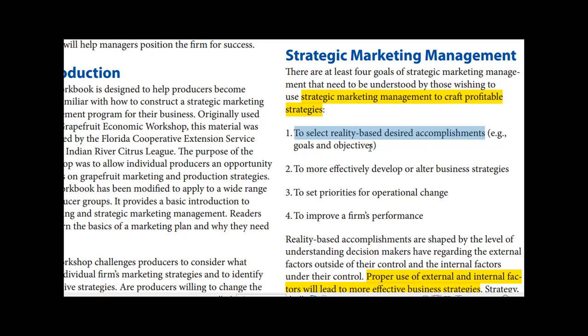When these goals and objectives are selected, the next step is to develop effective strategies for the organization. Under this strategy comes the allocation of resources for different operational changes. And when all these three steps are accomplished, it is to improve a firm's performance. So it is a pretty simple process, but when we do it thoroughly, we need to understand the company itself, its market, and its function.